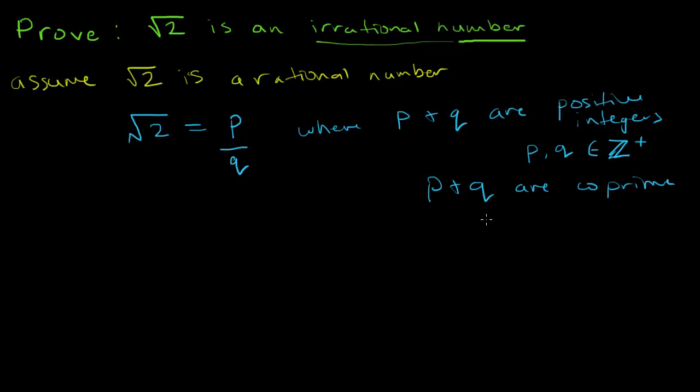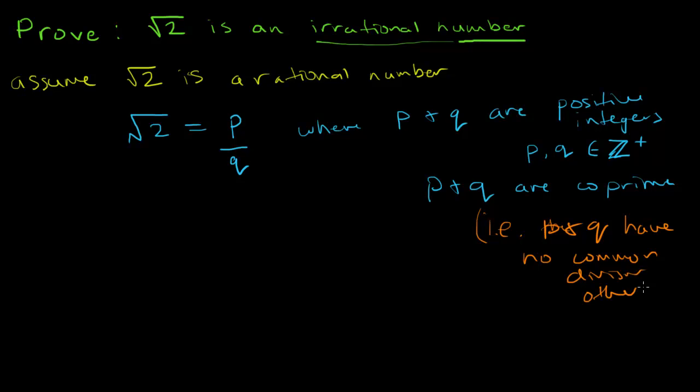I'm just going to write as a note that p and q have no common divisors other than 1. You'll see why that's useful towards the end. Basically that implies that this is a fraction in its reduced form.